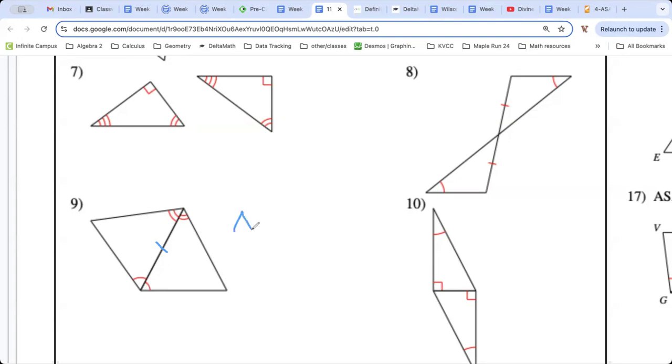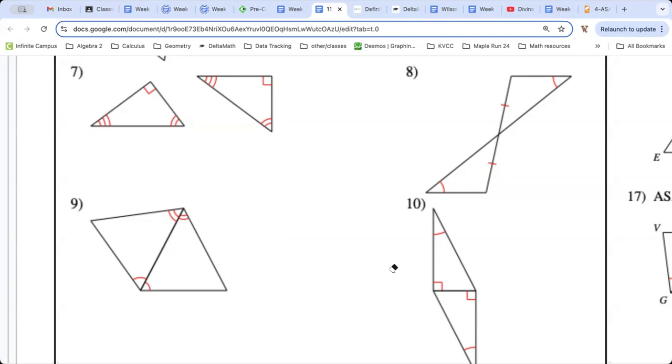So yes, angle side angle, and those two triangles are indeed congruent because angle side angle is a good way to prove triangle congruency.